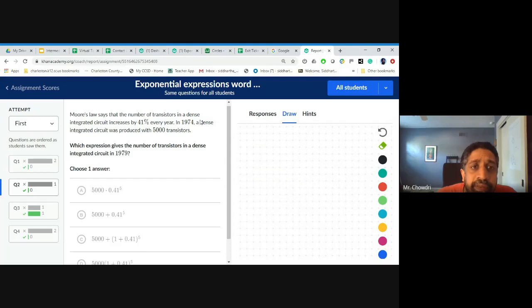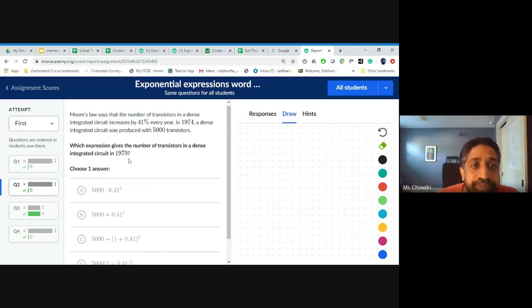Moore's law says that the number of transistors in a dense integrated circuit increases by 41% every year. This is a fancy way of saying that computers are getting 41% faster every year. And that's because that's how much circuitry they can fit in a little space. So as technology starts increasing.